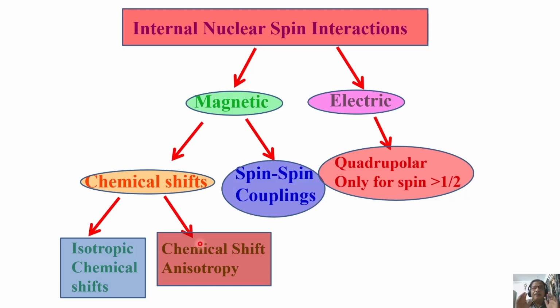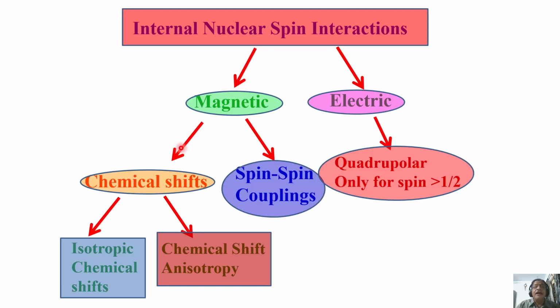You understand? Remember, all parameters in NMR can be expressed as tensors. We can define them as tensors with a 3 by 3 matrix having 9 elements. And all these parameters are anisotropic in nature.